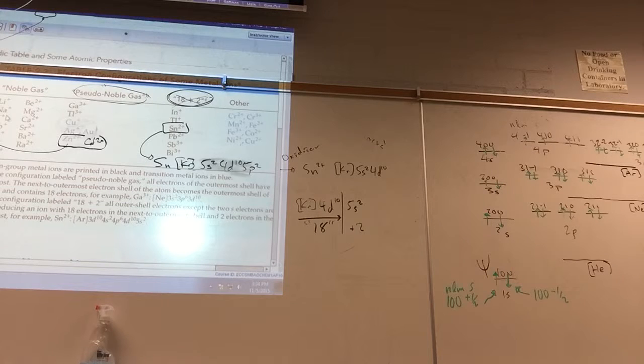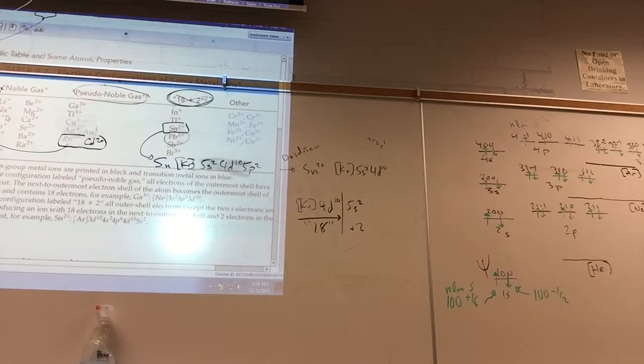And so if lead metal is this, it's got the whatever core plus other stuff, which is the 4f14, 5d10, and then 6s2, 6p2, then the plus 2 is this.